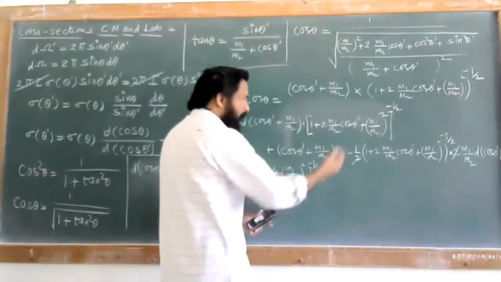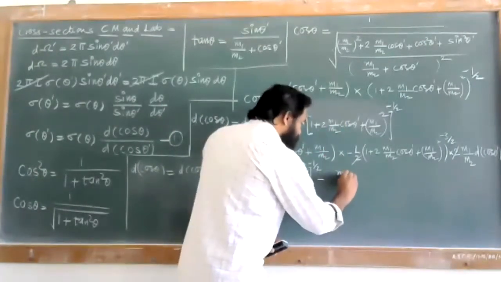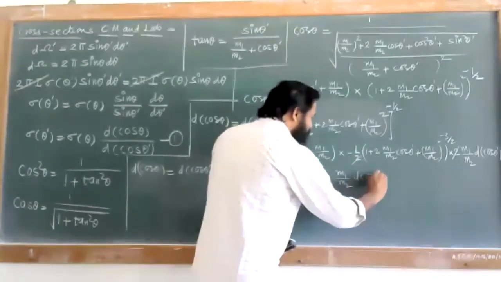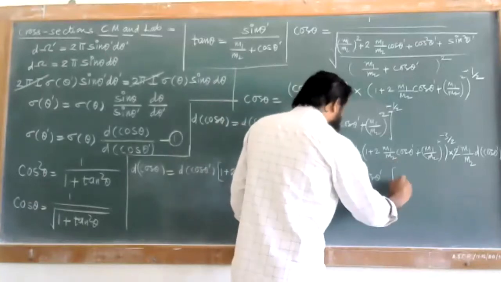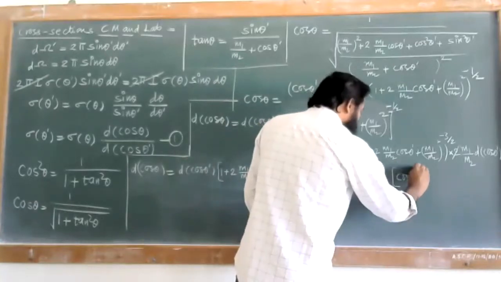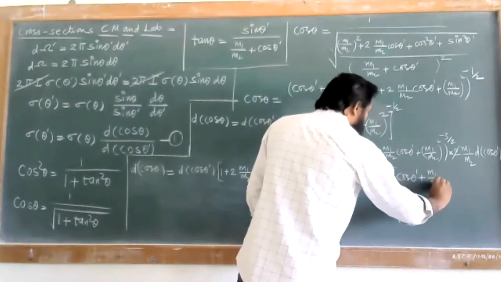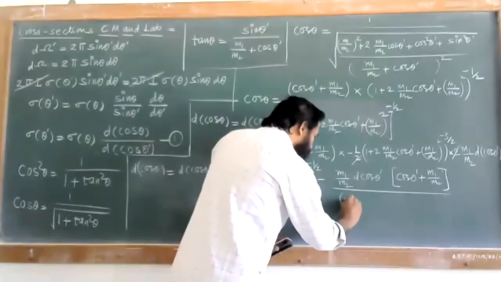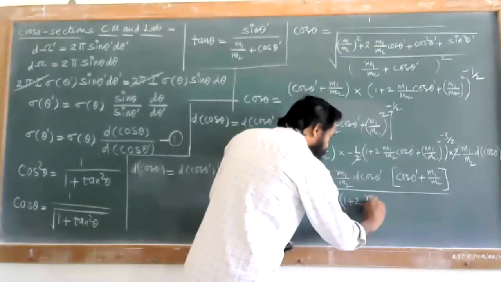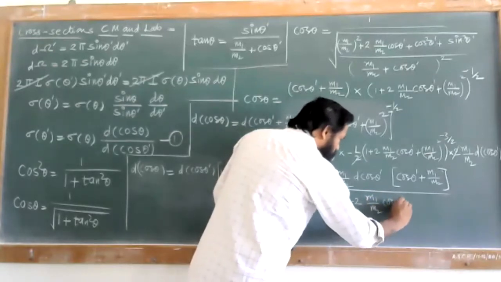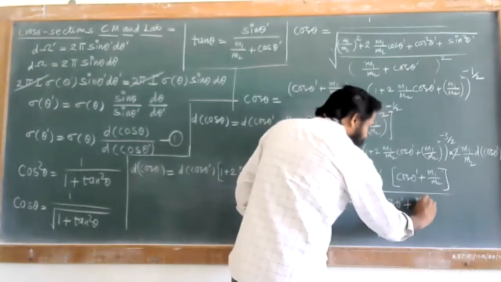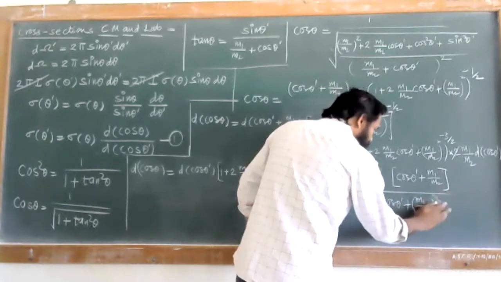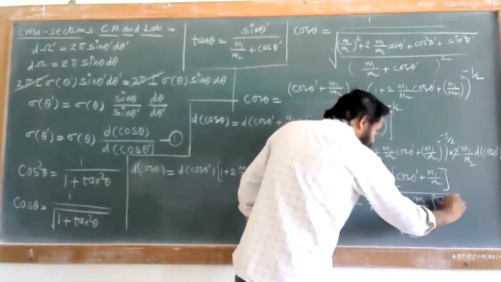And so you can have a term left, that is nothing but this m1/m2 into this derivative of cos theta dash, and that should be multiplied by this value, that is cos theta dash plus this m1/m2, which is divided by the term 1 + 2(m1/m2)cos theta dash + (m1/m2)^2, raised to 3/2.